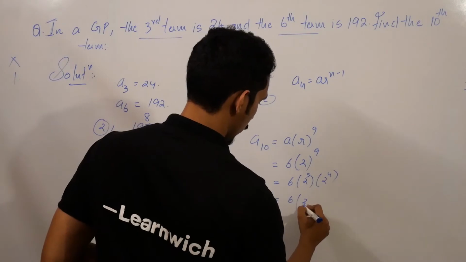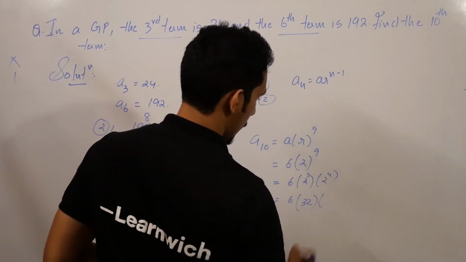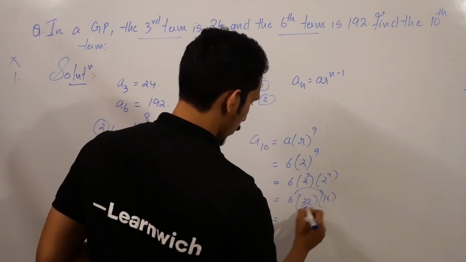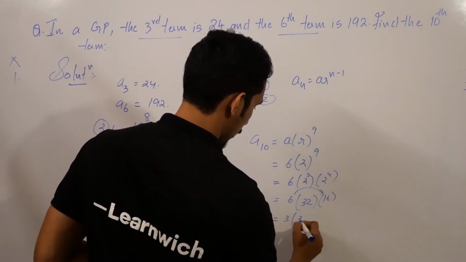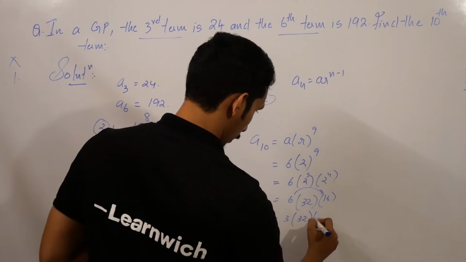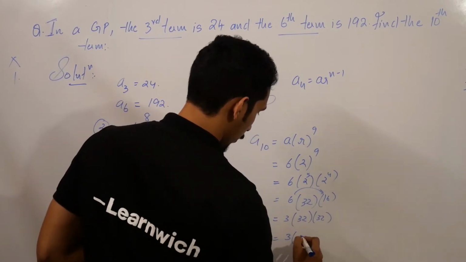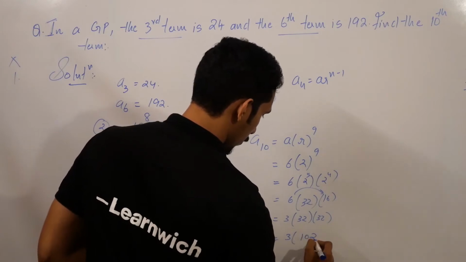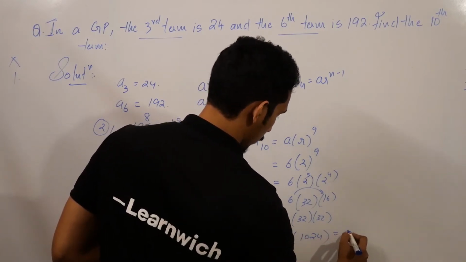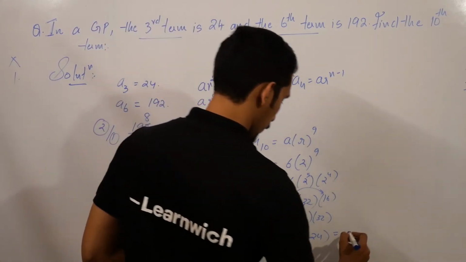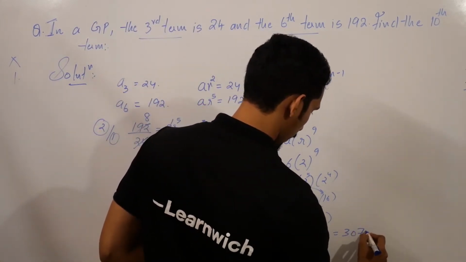That is 6 into 32 into 16. So 2 goes there, I'll put it as 3 into 32 into 32. 32 square is 1024, so this will be 3072.